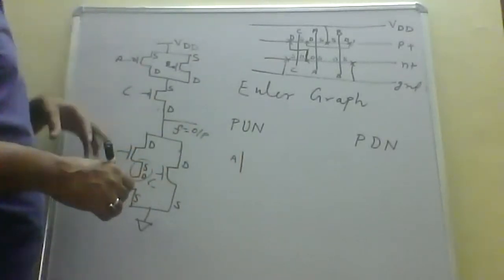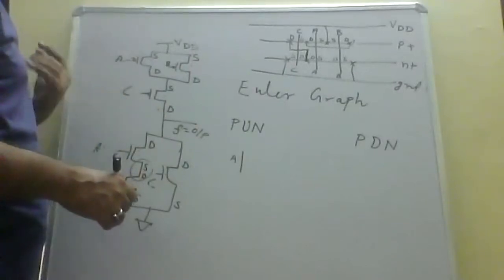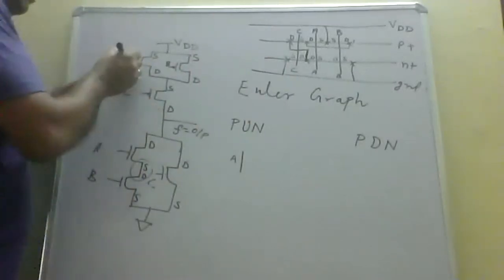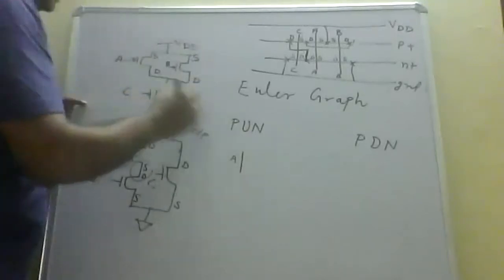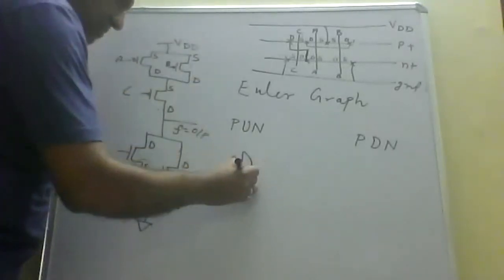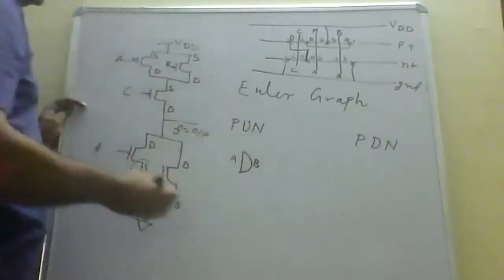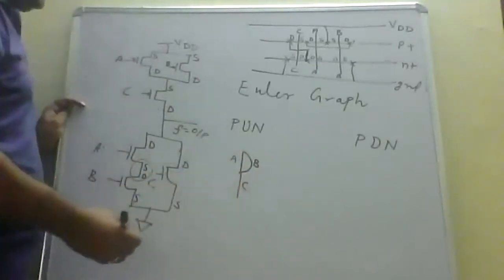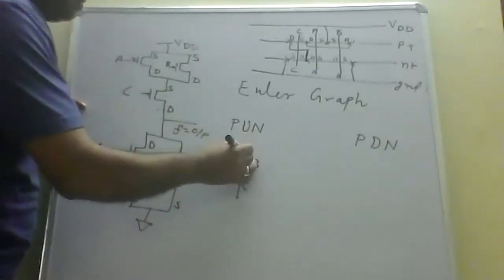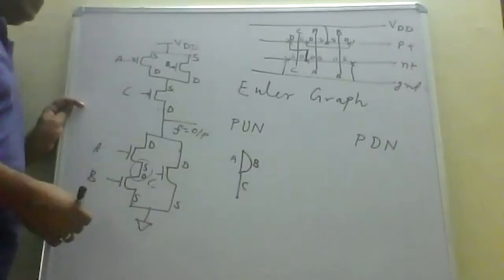It can be a circular curve or it can be a simple line. So this will be A, and A and B are connected together. So this is B here, and C is connected here. So C is connected. This is the pull-up network graph, right?